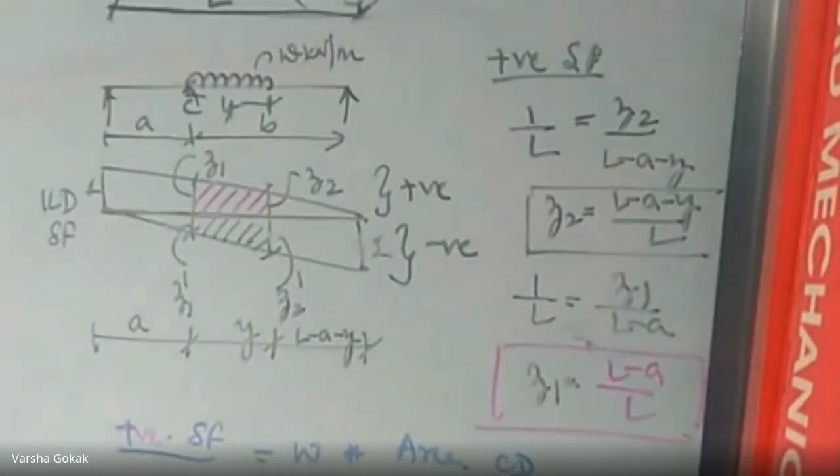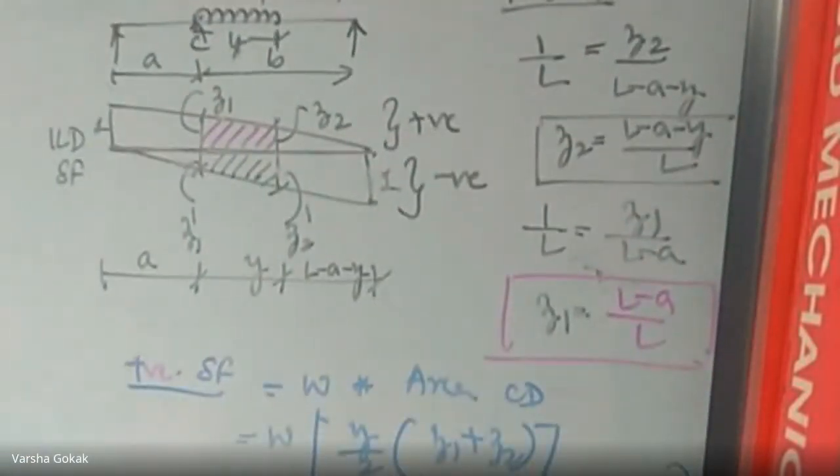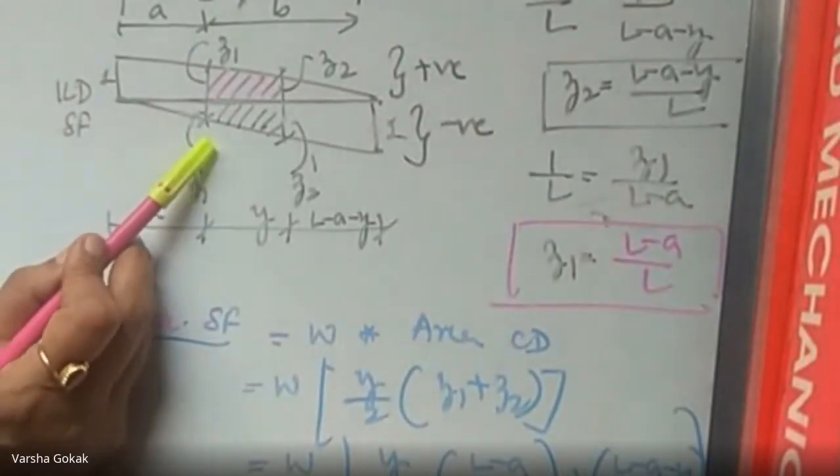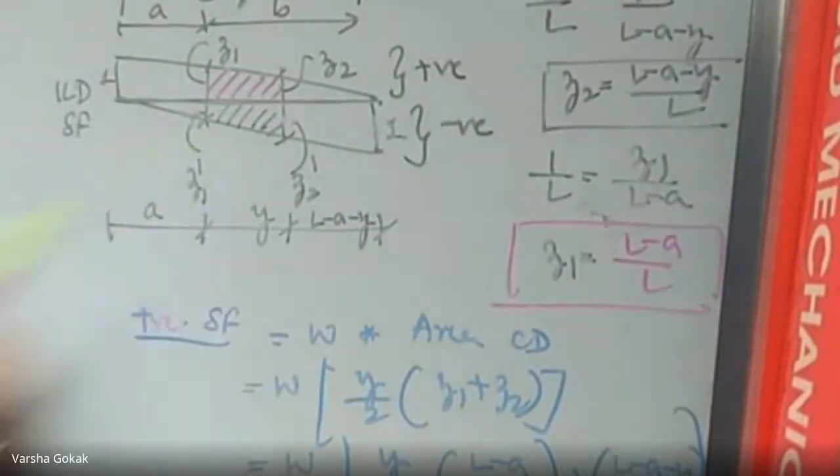If I ask you to find, now I want you to answer. If I ask you to find the maximum negative shear force, how will you go ahead? How will you go ahead? Still are you there or sleeping? Hello?